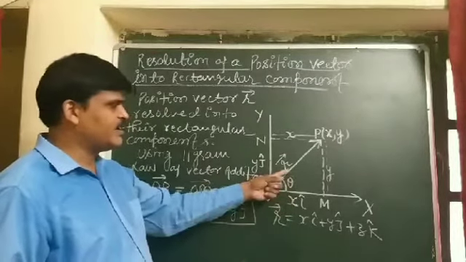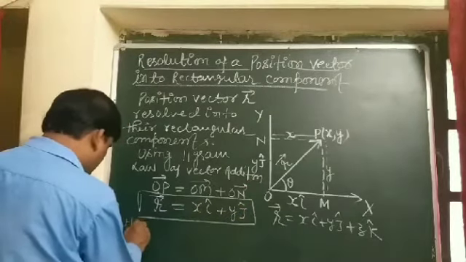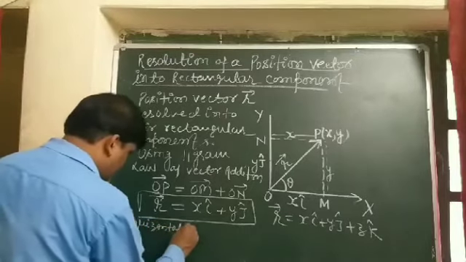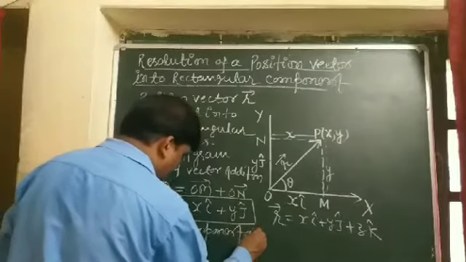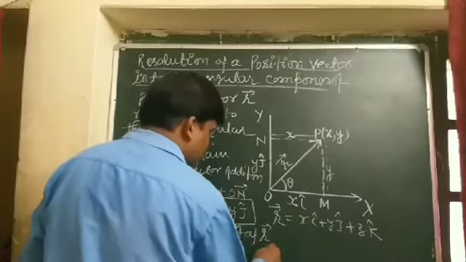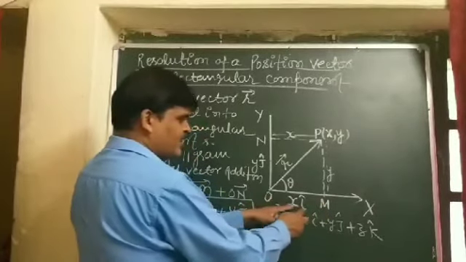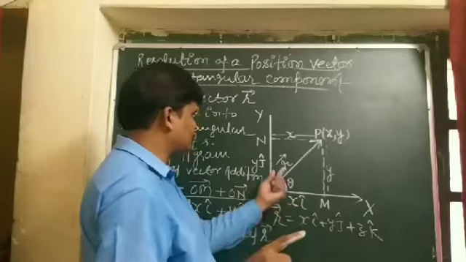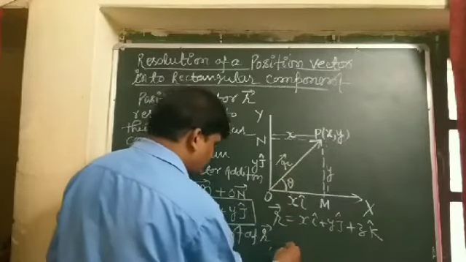And what is the horizontal component? Base by hypotenuse. So x by r is the horizontal component of the position vector r, base by hypotenuse. We have taken only the magnitude, so the magnitude of the unit vector is 1.